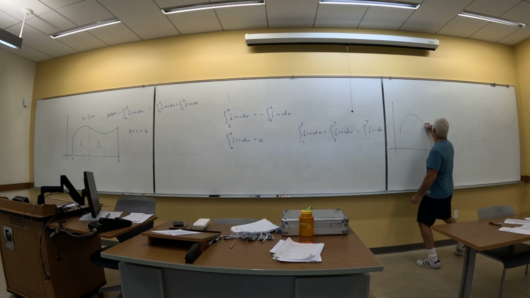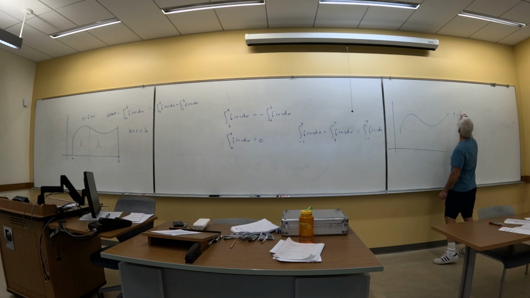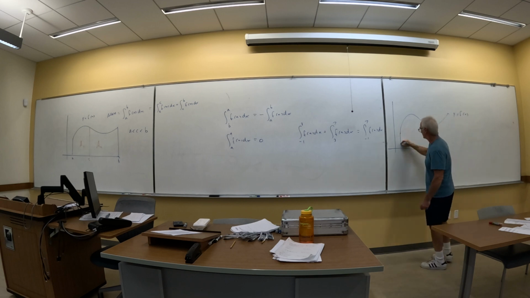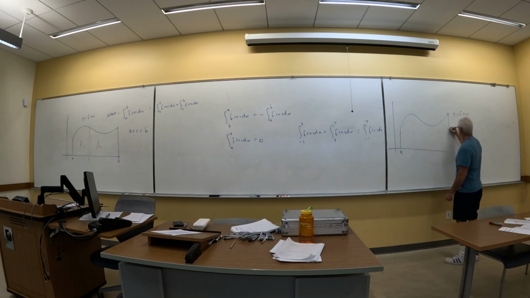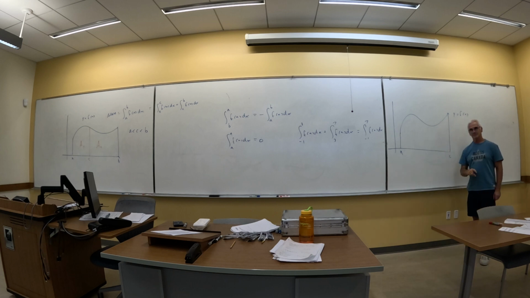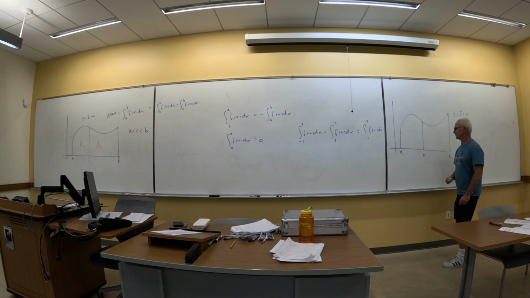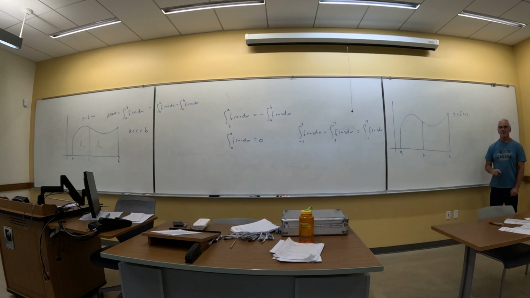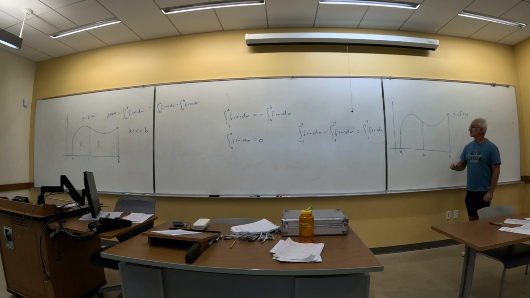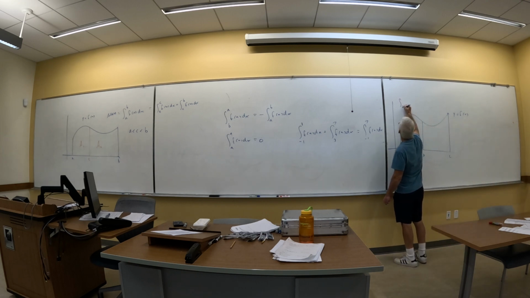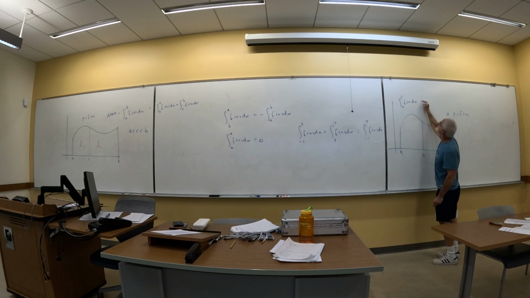All right, new picture, completely unrelated to the last picture. I'm going to put B in the middle this time. Do you agree that this is the big area? Yes.